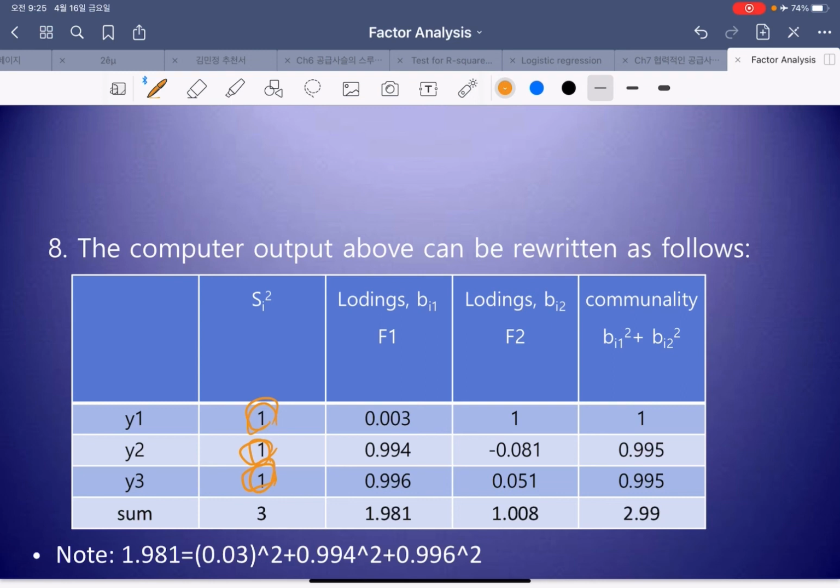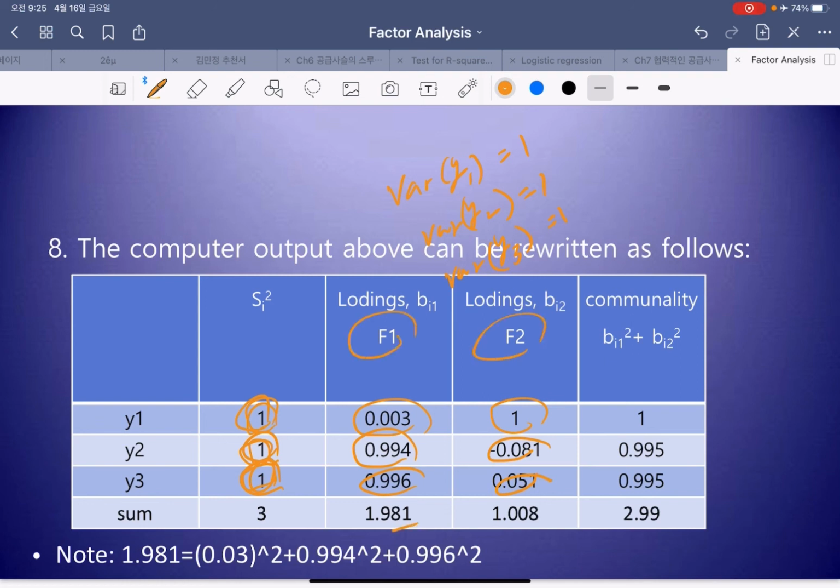So the variance of y1 is equal to 1, y2 also is equal to 1, y3 also is equal to 1. That's why we have 1 here. And these are the factor loadings for the first factor and the second factor.